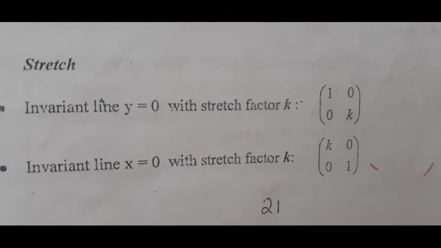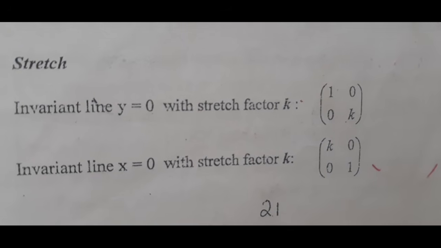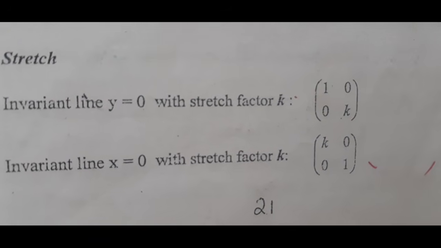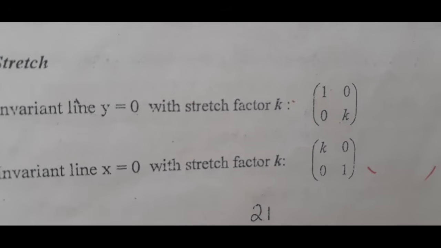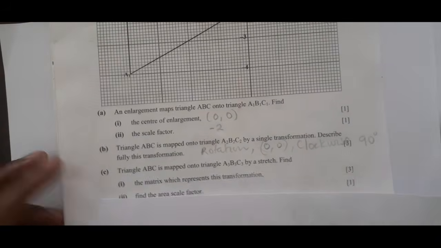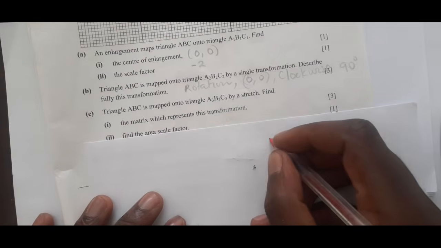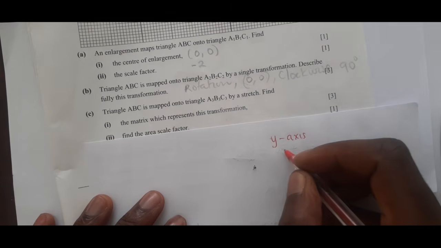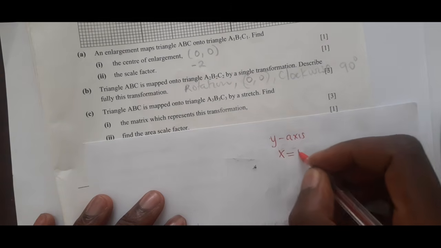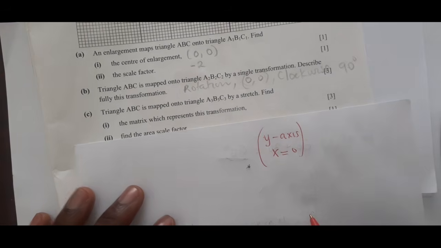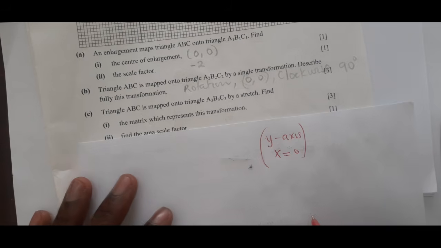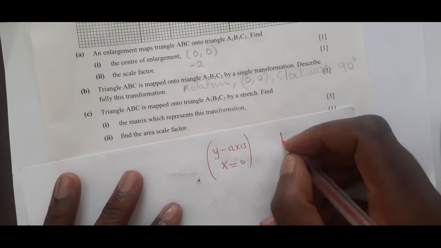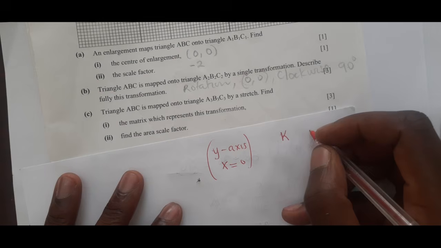What does this mean? x equals 0. So this is what we are using here as the invariant line. We're going to use the second matrix. Just like I showed you, when the invariant line is the y-axis, where x equals 0, the matrix that we are using is this one.